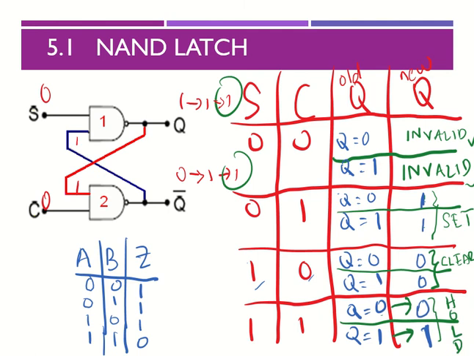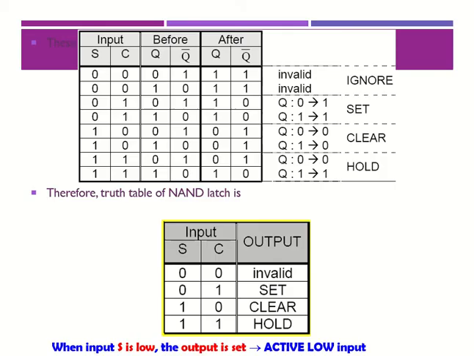So this particular table has been simplified to this form. 0 0, you're going to have an invalid. 0 1 is set. 1 0 is clear, and 1 1 is hold.